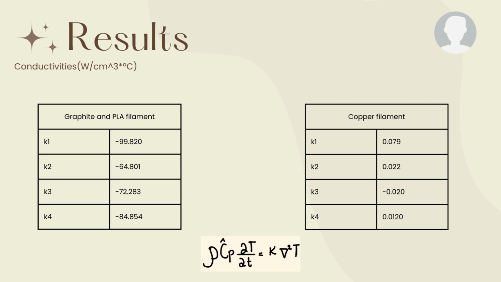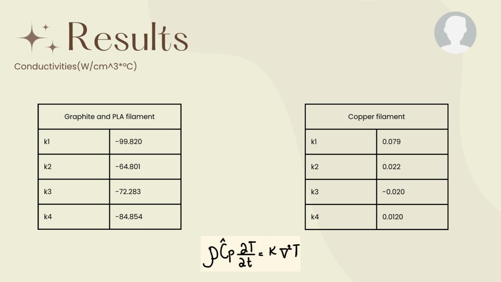The third spot was minus 72.283 watts over cubic centimeter Celsius degree, and the last spot was minus 84.854 watts over cubic centimeter Celsius degree.